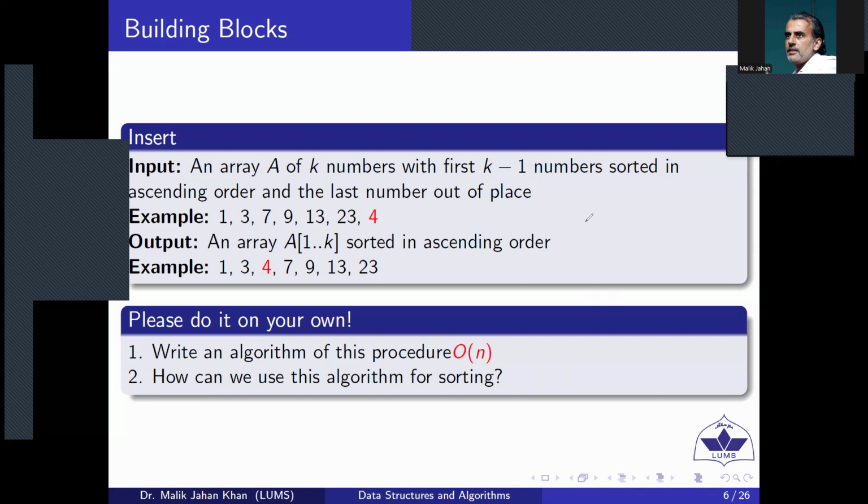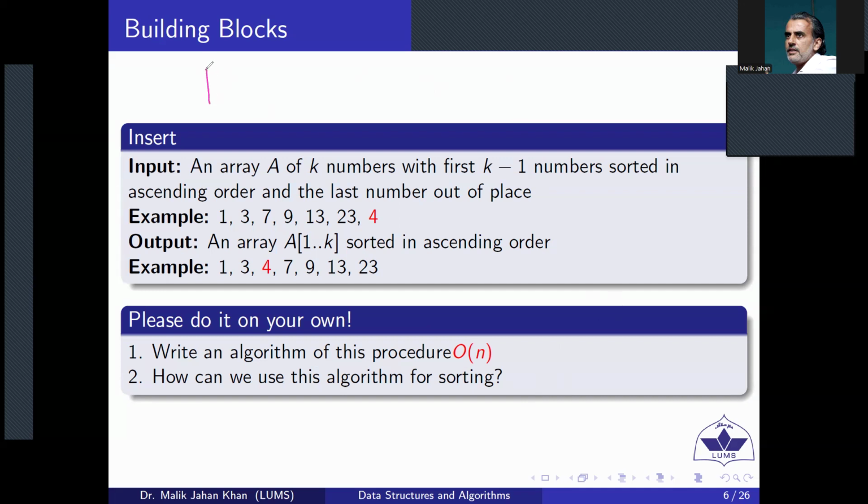For example, suppose we have been given 5 elements which are in some order. Let's say these elements have been given to us as an arbitrary input, and our task is to sort all of them.